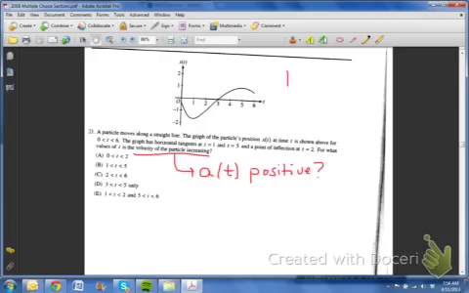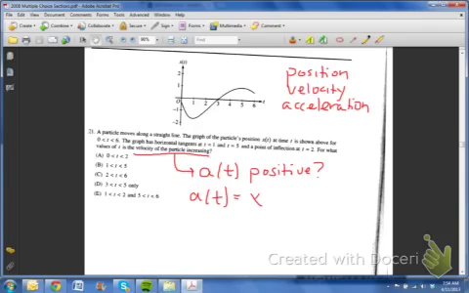And remember, the relationship goes position, and the derivative of position is velocity, and the derivative of velocity is acceleration, which makes acceleration the second derivative of position.